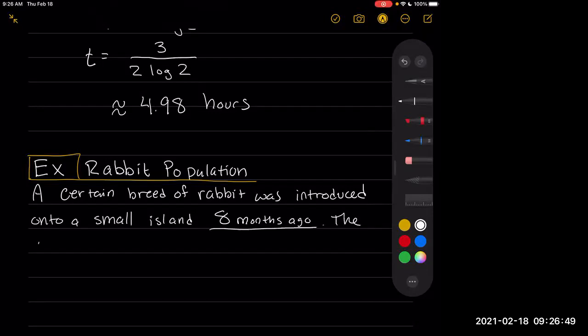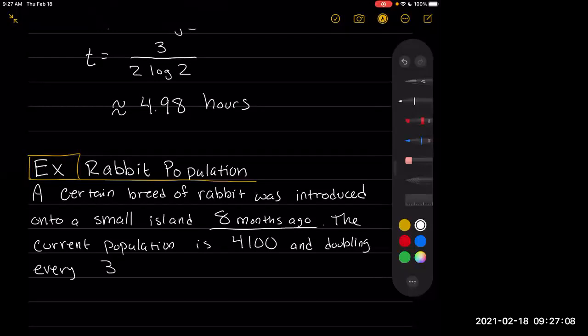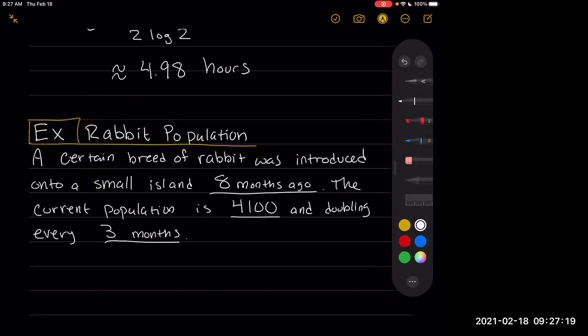The current population is 4,100 and doubling every 3 months. First, we're going to find the initial population.